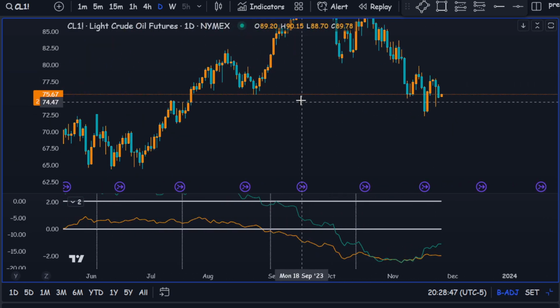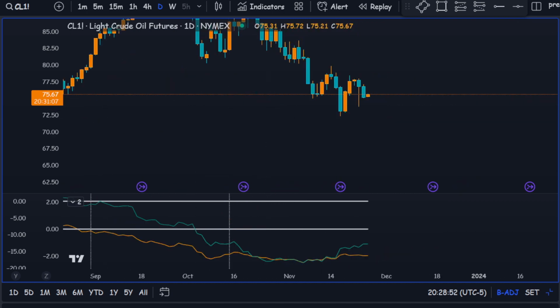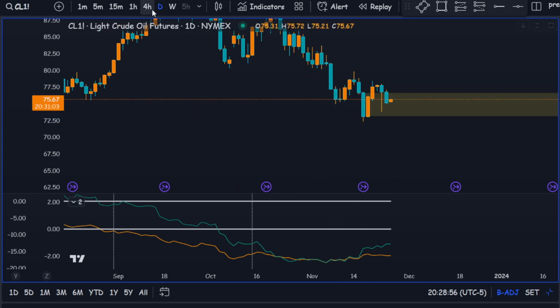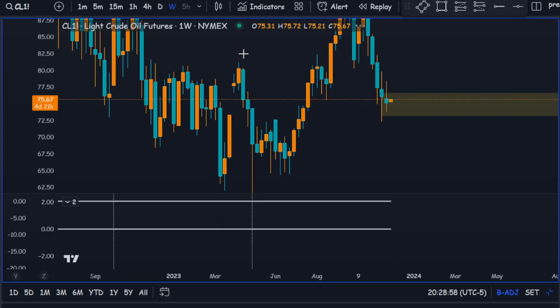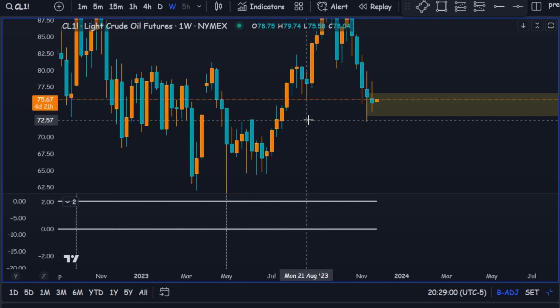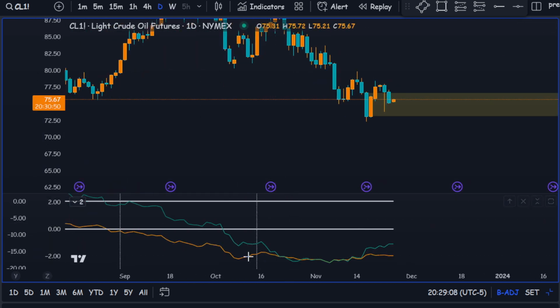So crude oil, I actually expect it to hold right here and start rocketing off. Order block right there. Is it inside that fair value gap on the weekly? Maybe. If we go on the daily, we can see that we bottomed out.